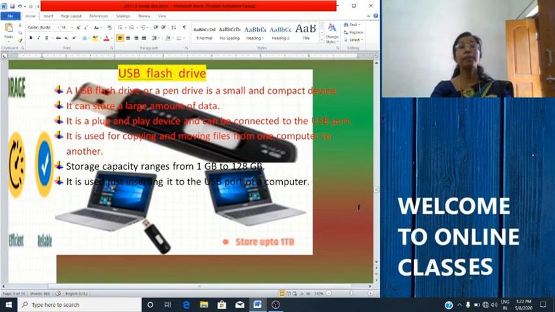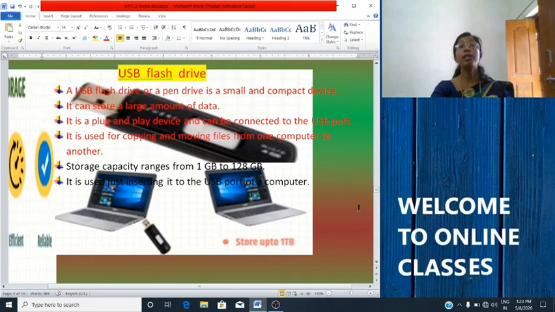It is a plug and play device and can be connected to the USB port of a computer. It is a small, lightweight and removable drive. It is used for copying and moving files from one computer to another.